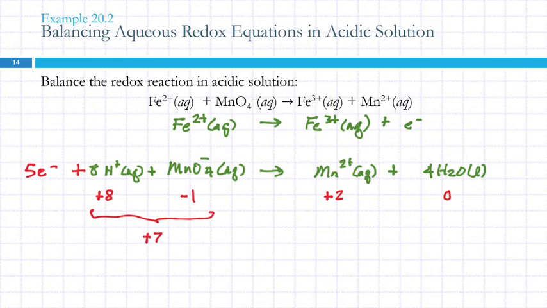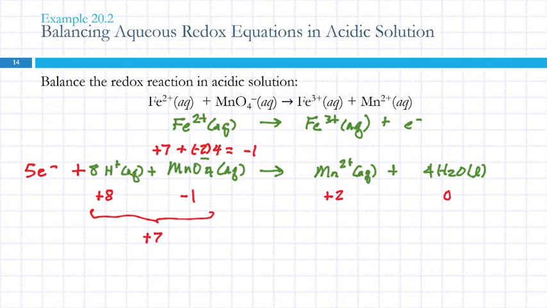Right? Oxide ion has a negative 2 charge, and there's 4 of them. The overall charge on this is negative 1. So what does the manganese have to be? Plus 7. So in permanganate ion, manganese has a positive 7 oxidation state.